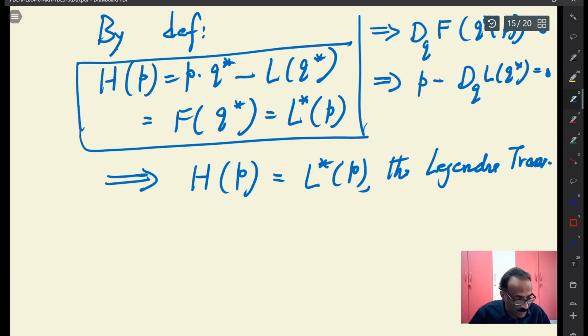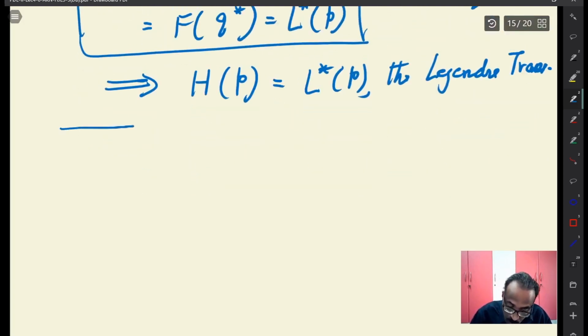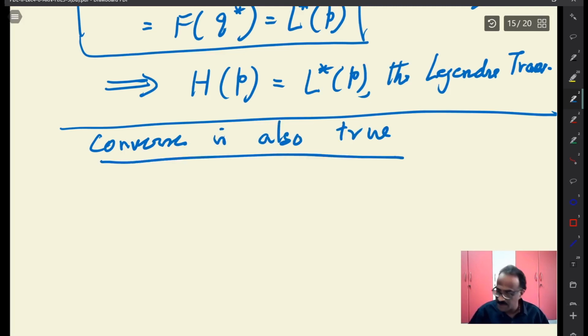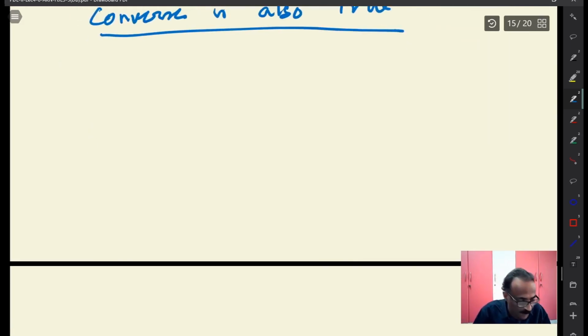What I am having is that the converse is also true. So let me state the theorem here. Converse is also true. Okay, so maybe I will try to state the theorem and try to give a quick proof of it. Theorem.